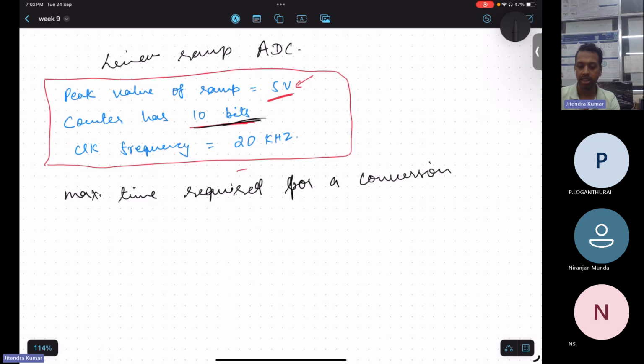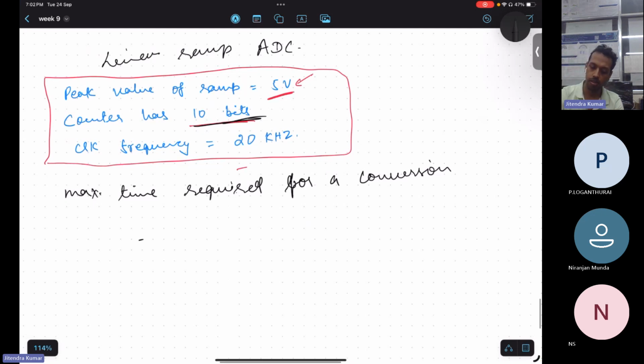कितना time लेगा? 10 bits है. 2 raised to power 10, right? 2 raised to power 10 clock cycles. But it is asking in terms of seconds.